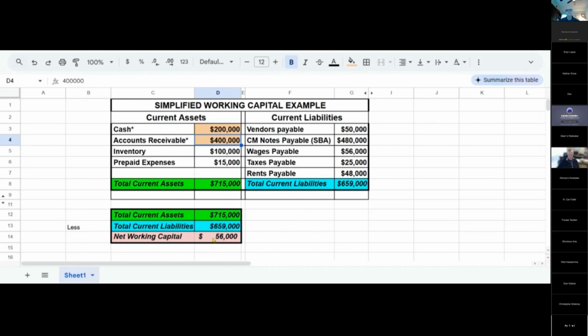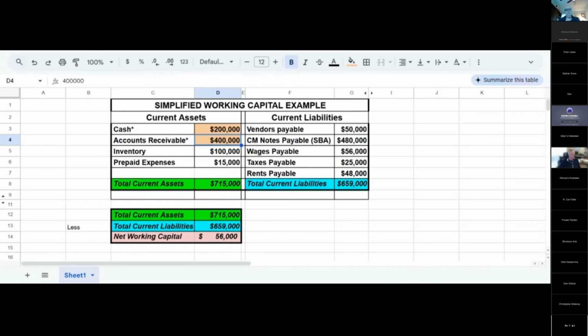You'd come out with a positive 55,000. Now, let's take this example, and you're going to closing, and this is what you expect: $200,000 in cash. You expect $400,000 in receivables.